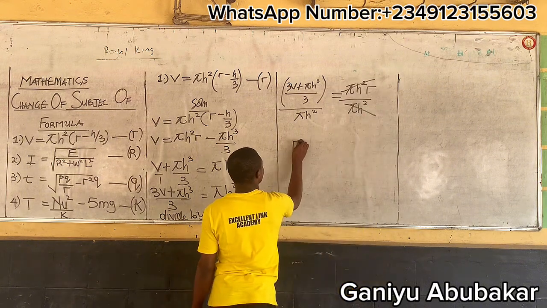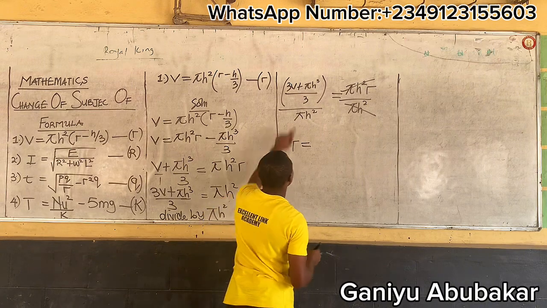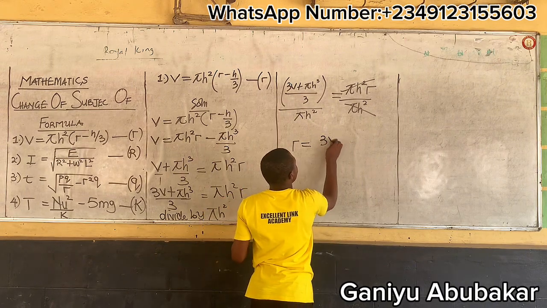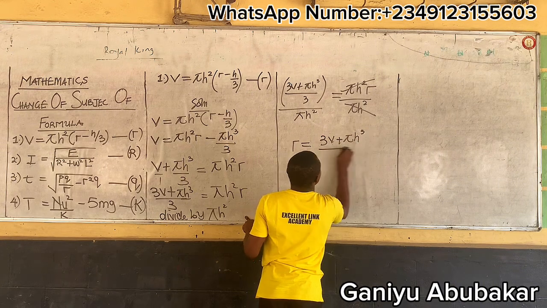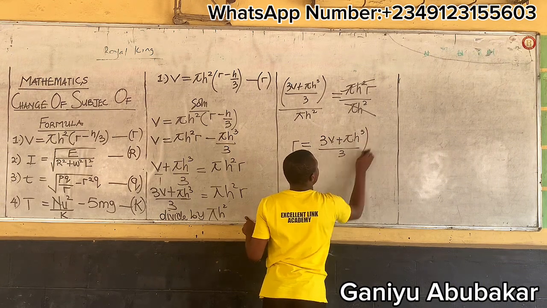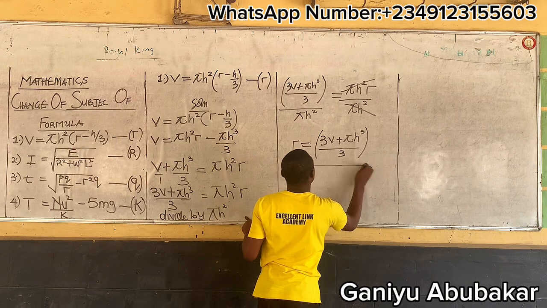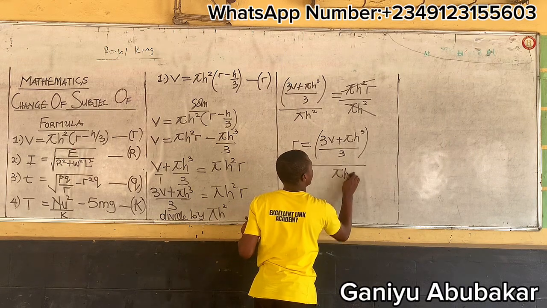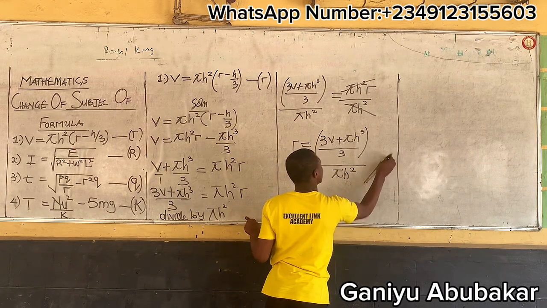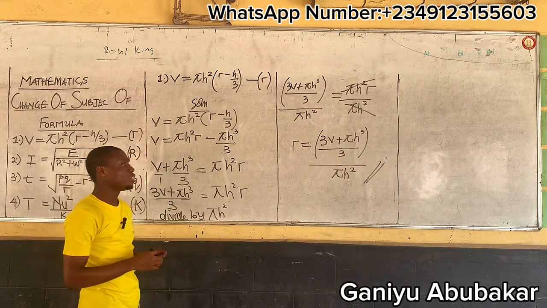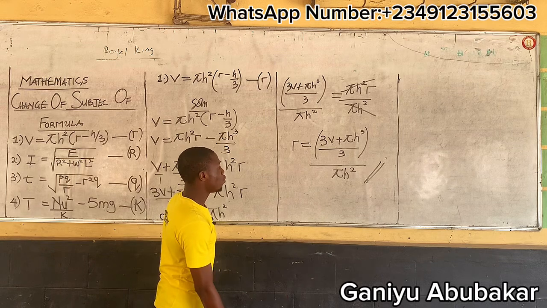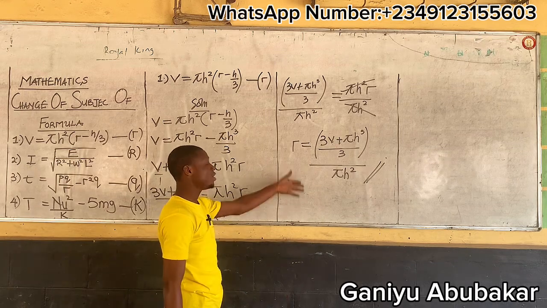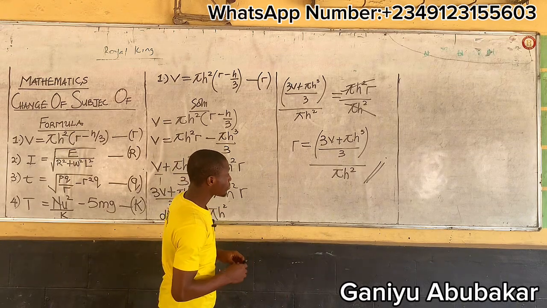So r is now equal to 3V plus pi h cubed over 3, all over pi h squared. This becomes my mathematical expression for r, so I have made r the subject of the formula, as you can see in front of you.